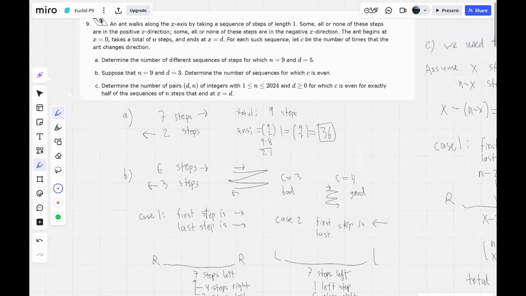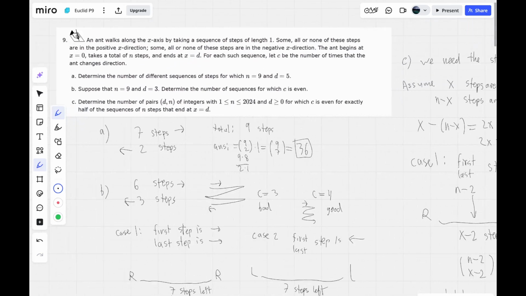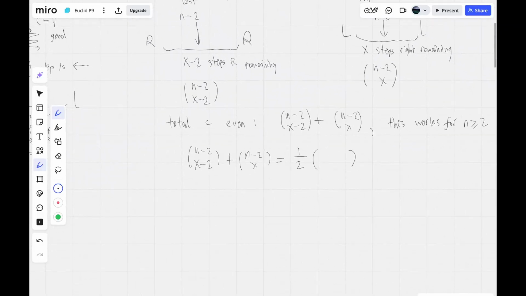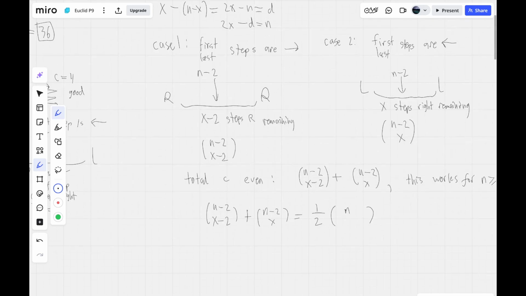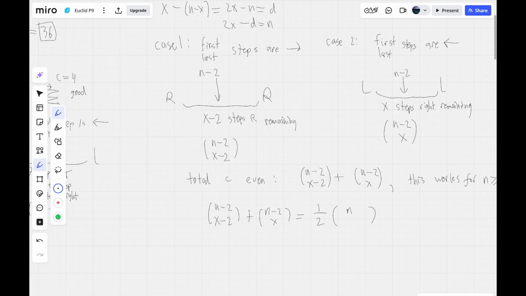And that's just of the n steps. You're just going to be choosing any x of the n steps to go to the right, and the remaining steps are going to be going towards the left.